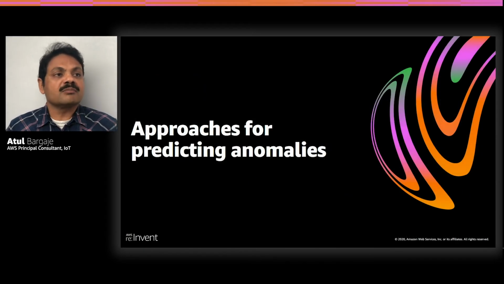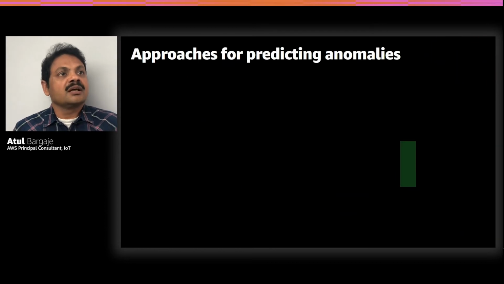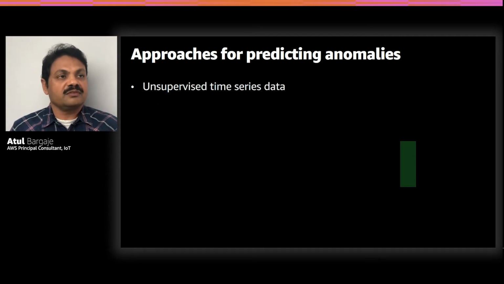Let's look at some of the approaches for predicting anomalies. Now we have the data that is needed to predict anomalies. The approaches for predicting anomalies will depend a lot on the data you have. If you have unsupervised time series data, the time series data we looked at, you can detect anomalies.